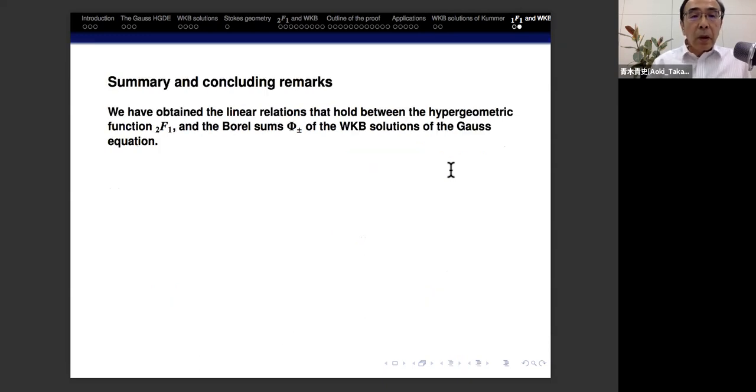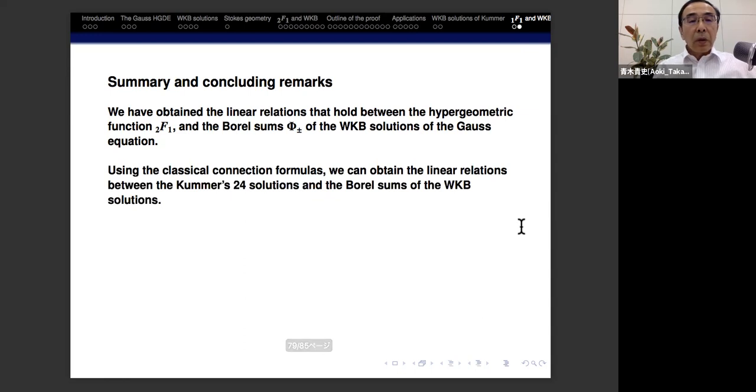So, in summary, we have obtained linear relations that hold between the hypergeometric function 2F1 and the Borel sums capital phi plus minus of the WKB solutions of the Gauss equation. Using the classical connection formulas, we can obtain the linear relation between Kummer's 24 solutions and the Borel sums of the WKB solutions.